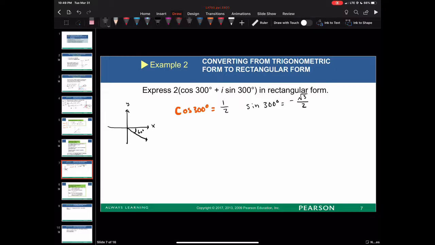So basically we would have 2 times 1/2, minus i times a negative square root of 3 over 2.